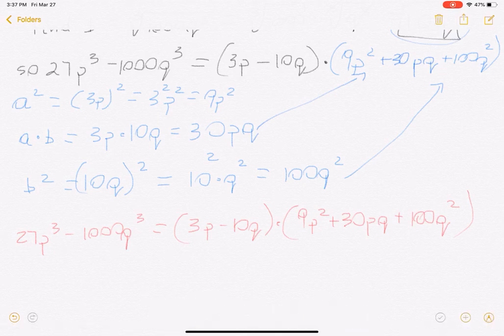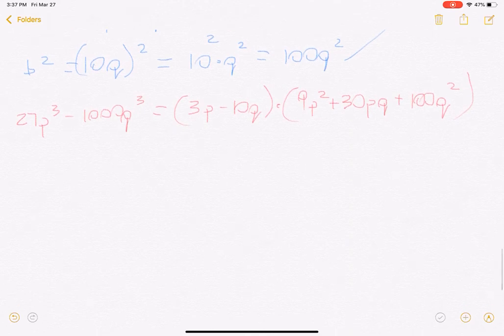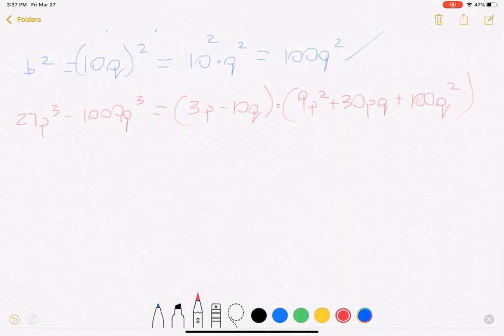And one more example of factoring difference of cubes. So let's do one extra. Example B, you need to factor 8y to the third power minus 27z to the third power.